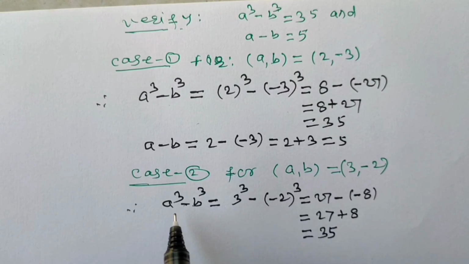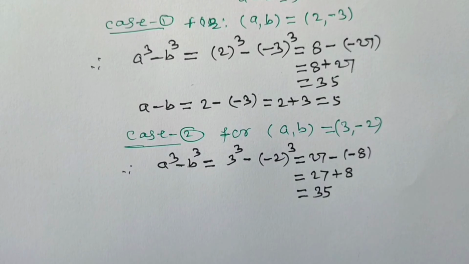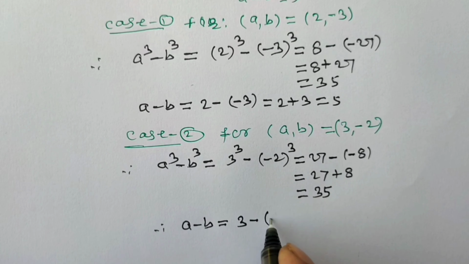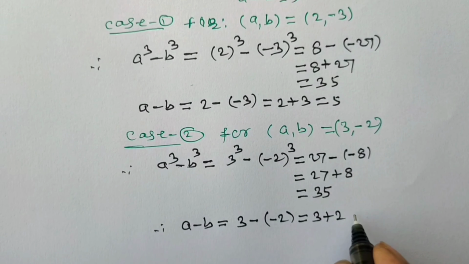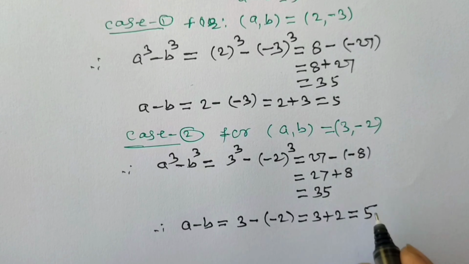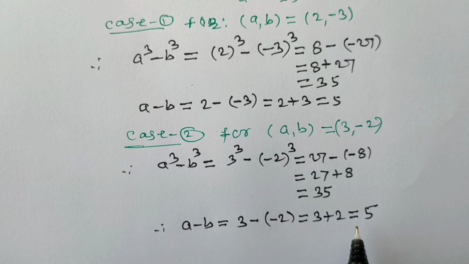Here we have proved a cube minus b cube is equal to 35. Similarly, for the second equation, a minus b is equal to 3 minus of minus 2, is equal to 3 plus 2, is equal to 5.